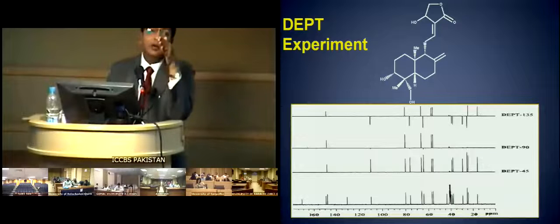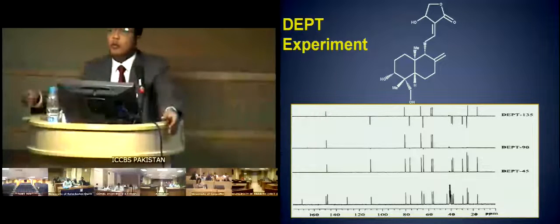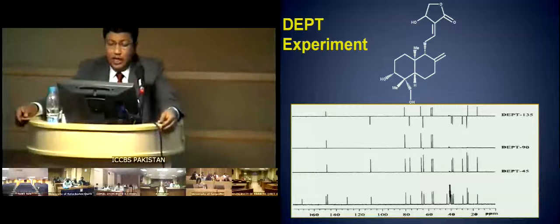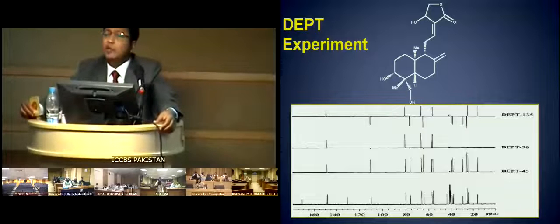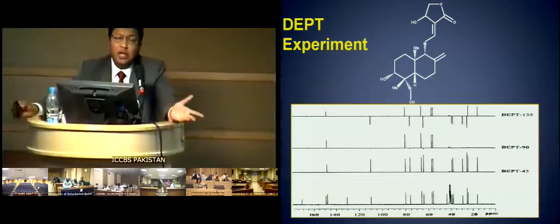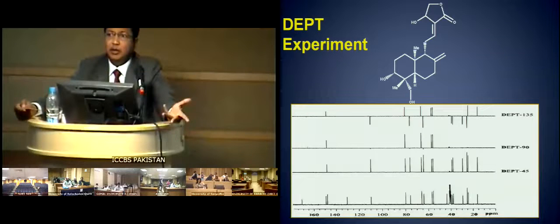What was the problem? The problem was you wanted a C13 NMR spectrum with greater sensitivity. You wanted a C13 NMR spectrum which appears as singlets, and you wanted one which provides multiplicity information, and that's what you got.